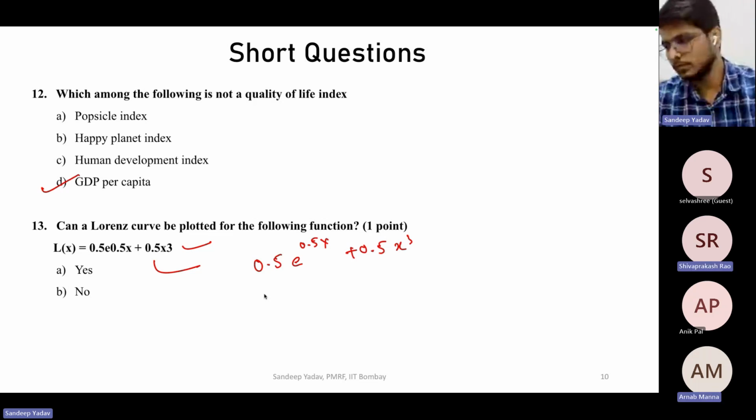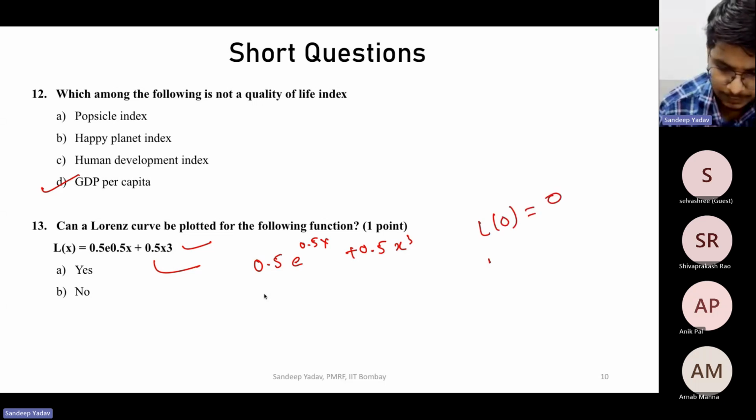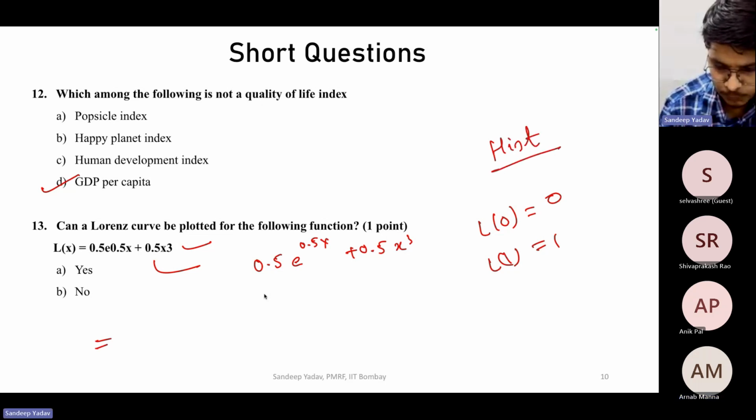Seems true. We know two conditions of the Lorentz curve: L(0) is equal to 0 and L(1) is equal to 1. If you put x equal to 1 in this, I've given you a hint how to solve this question. If these two conditions are satisfied, then this curve can be plotted as a Lorentz curve. Just check it quickly.